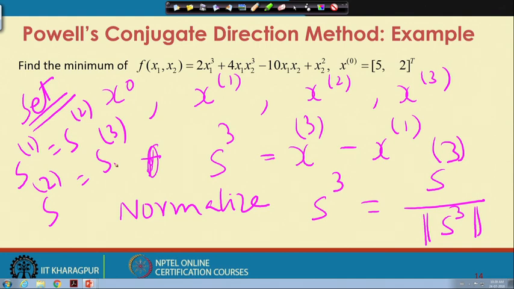So, this is how you will continue. If the function is quadratic, you will see that you will obtain the solution after this round. With this, we stop our discussion on Powell's conjugate direction method.